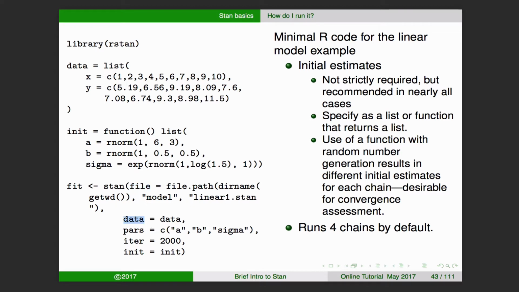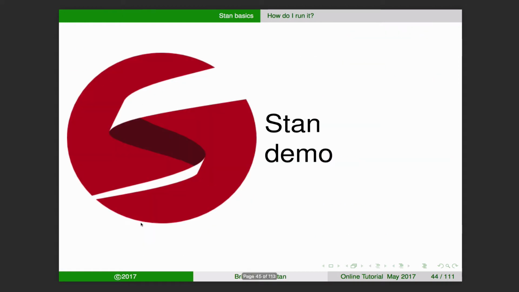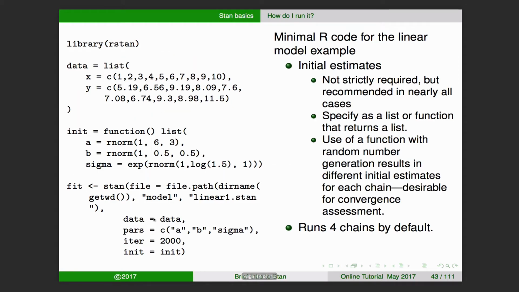I pass in the data. I tell it what parameters I actually want to get samples for. In this case, my intercept, slope, and my standard deviation. I'll tell it how many iterations. If I don't tell it anything else, it's going to assume that it will use the first half of that set of iterations for what the Stan folks like to call warm-up.